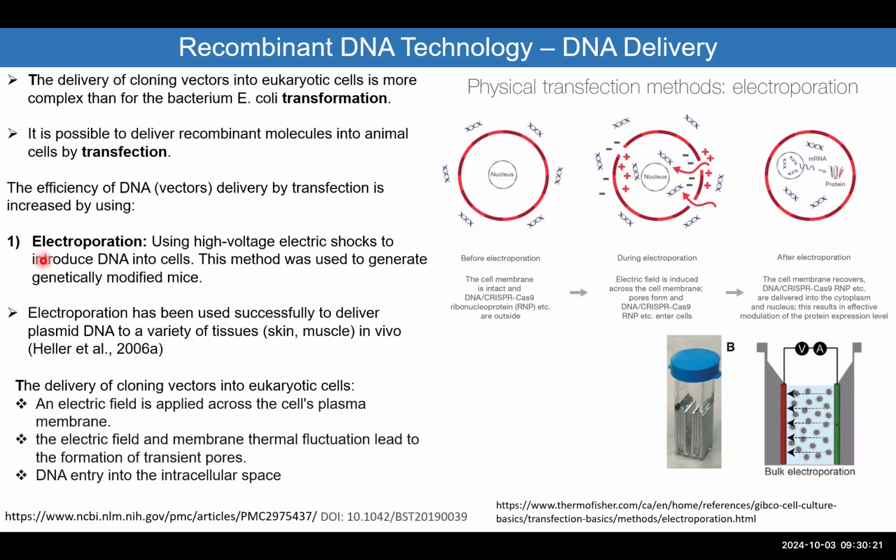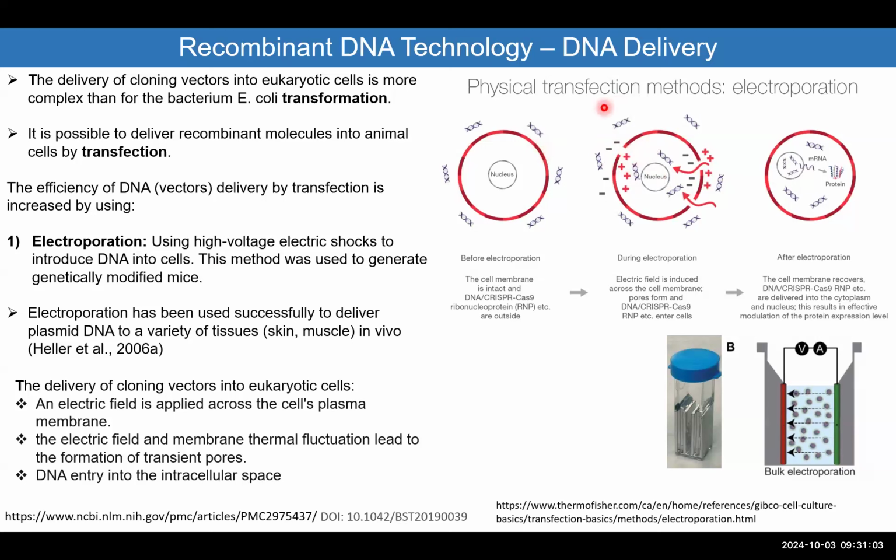We can use electroporation, where simply the cells are mixed with the DNA and then an electric shock is applied. Of course, this will create polarity, and since DNA is negative compared to the positive intracellular part of the cell, the electroporation, as I said before, will mainly generate some pores in the membrane.